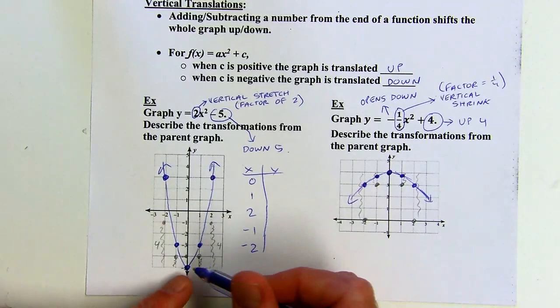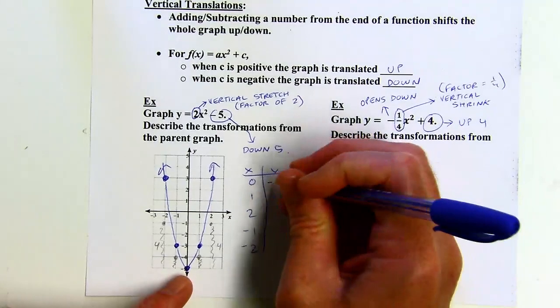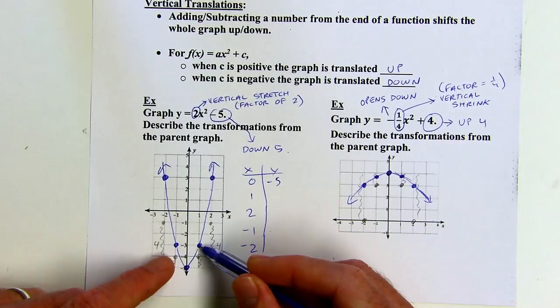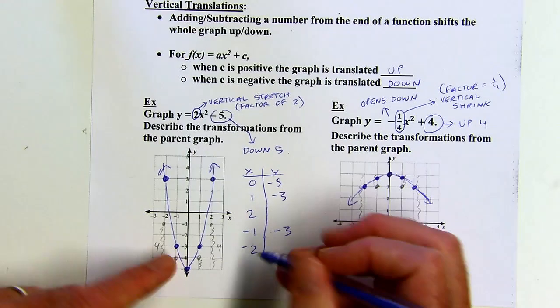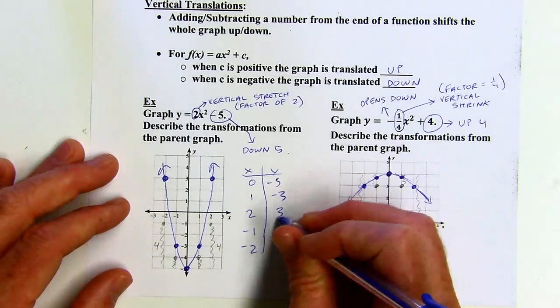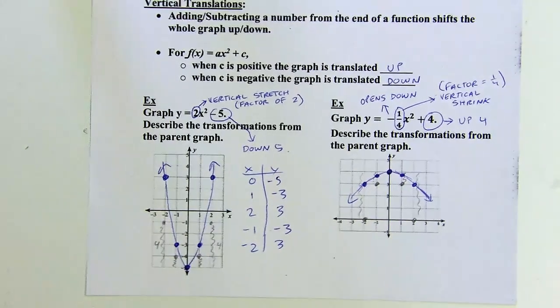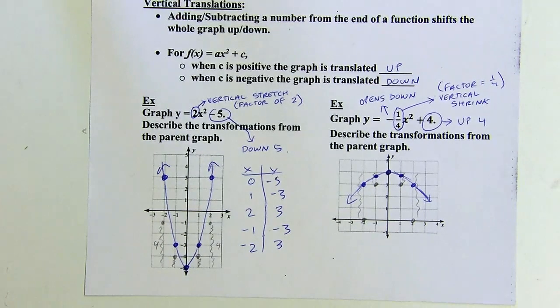So I'd have 0, -5, just using the graph that I already made. This would come out to -3, and so would this one. And then these two would come out to +3. So that will still work with an XY table, and you can definitely do it that way too.